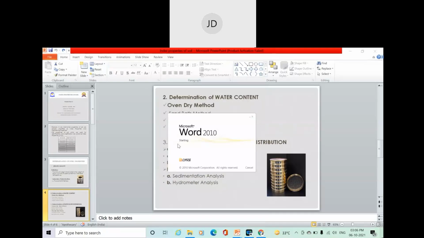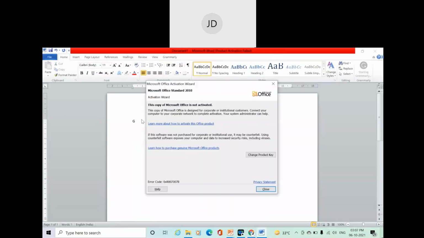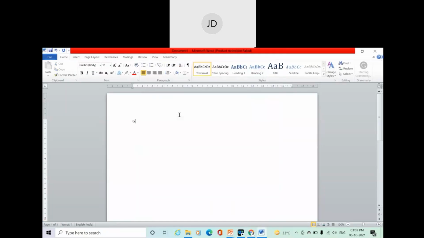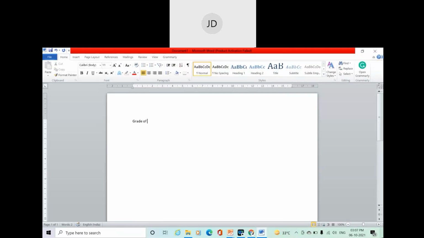So if I tell you about grade of soil, the first one is well graded soil. What is well graded soil here?